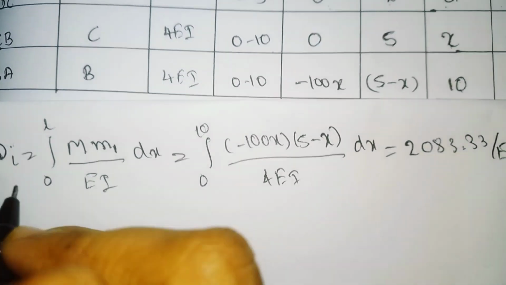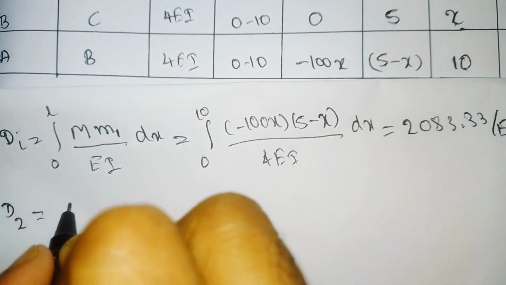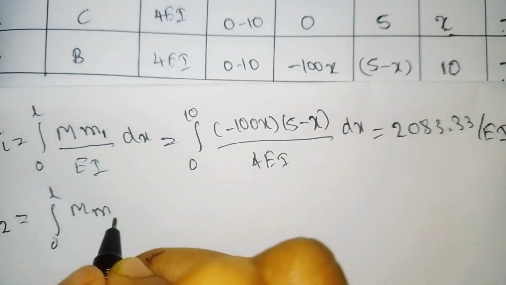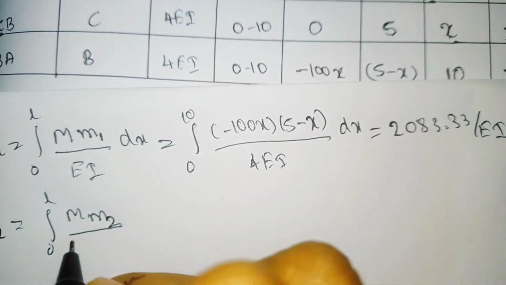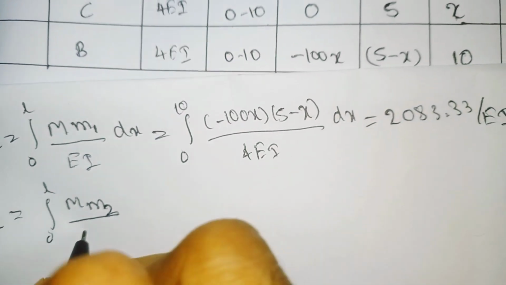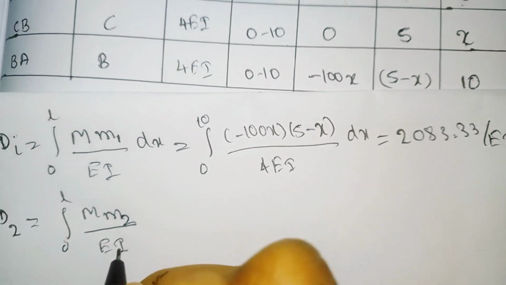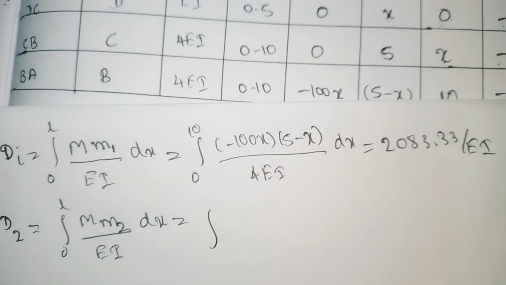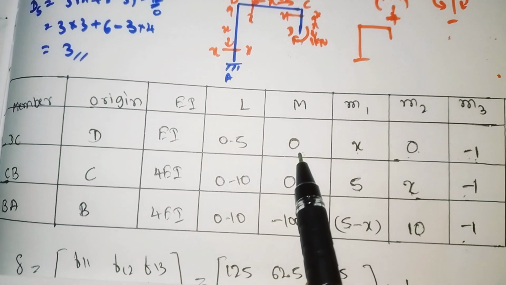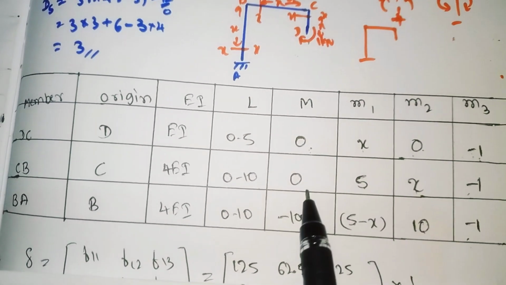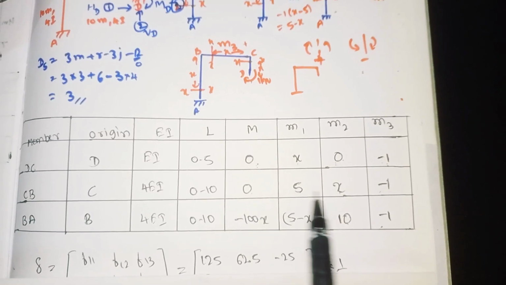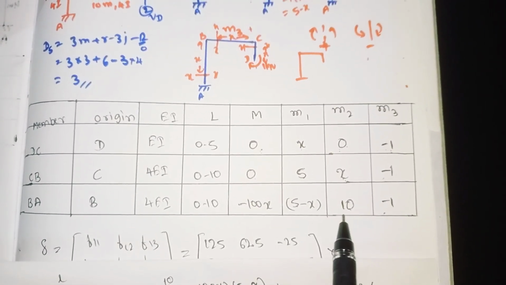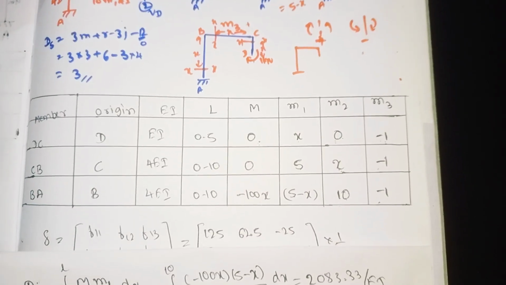For D2, integration of 0 to L capital M into moment of coordinate number 2, that is M2, divided by EI into dx is equal to integration of, see here also M value 0, this into this becomes 0, and this into this becomes 0. For BA we need to calculate, this into this we need to do.